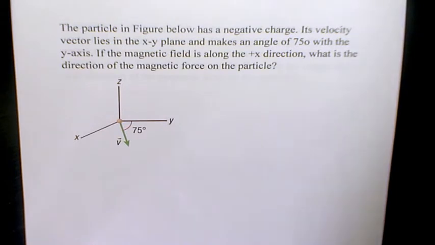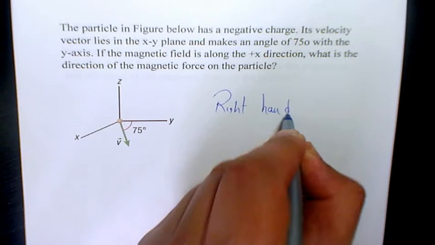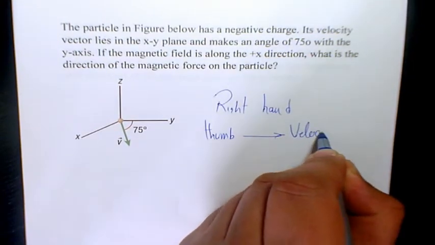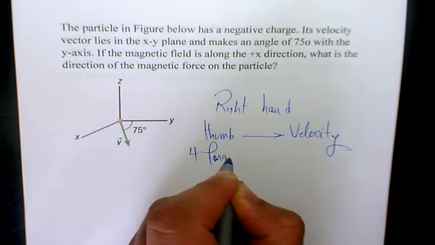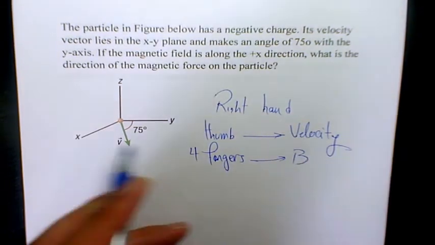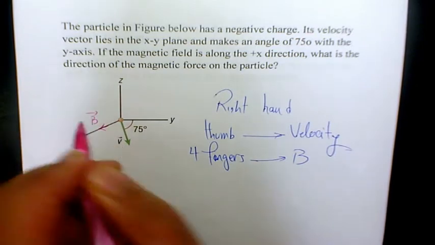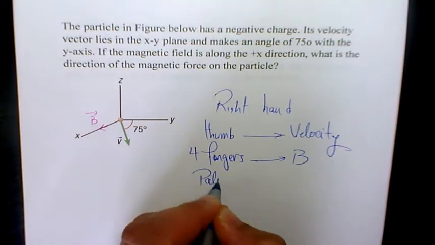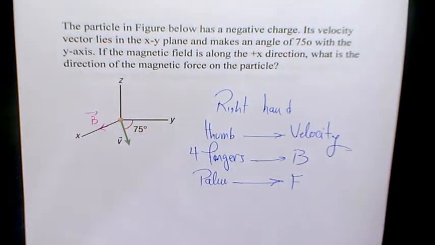right hand rule. Your thumb is going toward the velocity vector, four fingers toward B, which is in this direction, and then the palm of your right hand is going to show you the direction of the magnetic force.